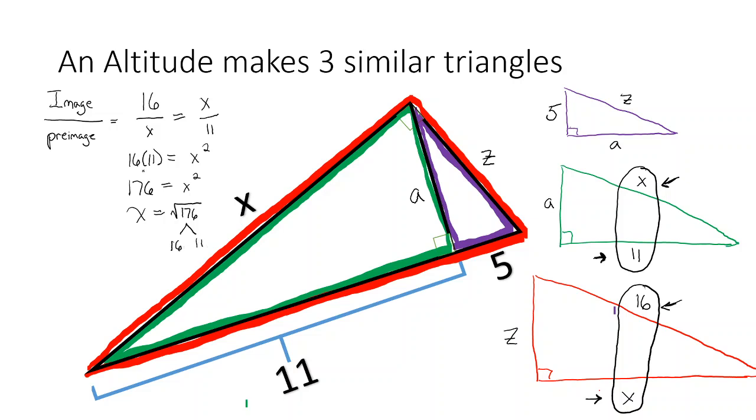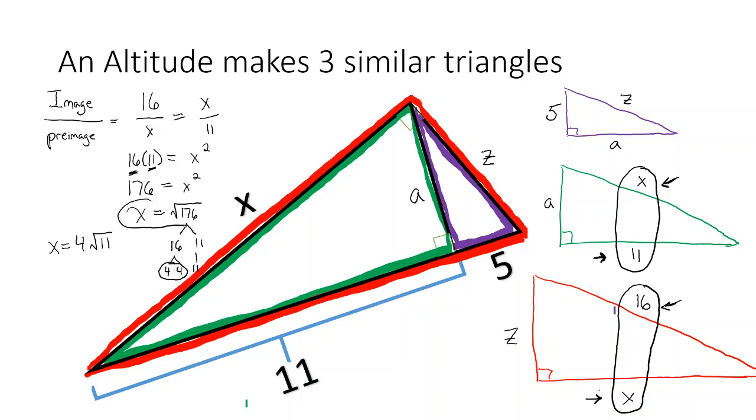And 176 factors to 16 times 11. And you say, how do you know that, Mr. Wilson? Well, we already did that math up here: 16 times 11. And then if we factor that farther, 4 times 4 times 11. We could keep going and prime factor it, but I already have a pair of 4s, and I know 11 is prime. So it's going to be X equals 4 root 11.